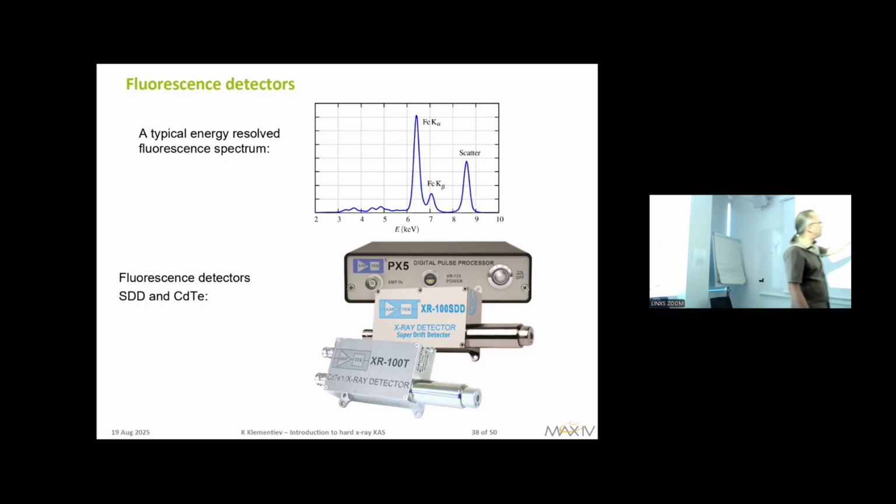As we scan energy, when we measure an absorption spectrum, this would go to the right, to the right, to the right. But these characteristic lines, you see iron K alpha and iron K beta, they stay there. What we do then is digitally integrate these signals within a given window, and this integrated signal is proportional, again, to the absorption probability.